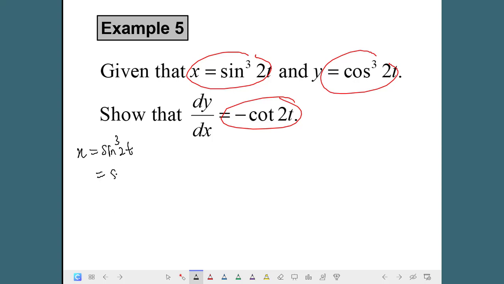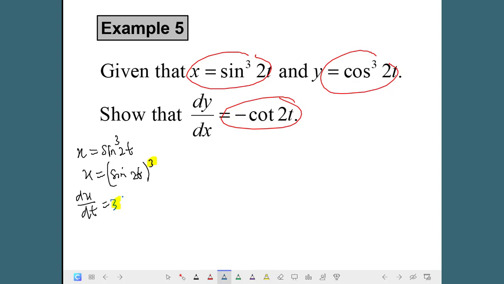Okay, change to sine 2t, cubed. And then differentiate x with respect to t. Use differentiate from outside to inside. So alternate from outside to inside.